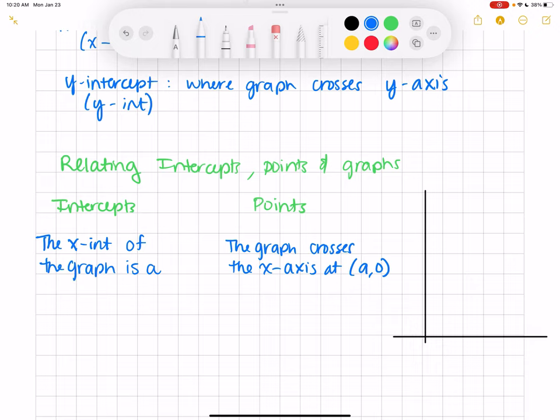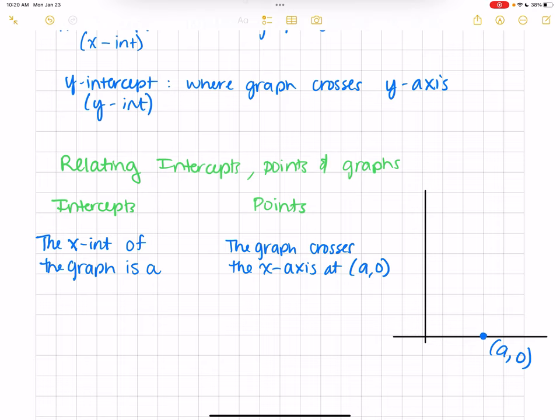That would be somewhere over here, just as an example, the point (A, 0). So that's my x-intercept, where it's on the x-axis.